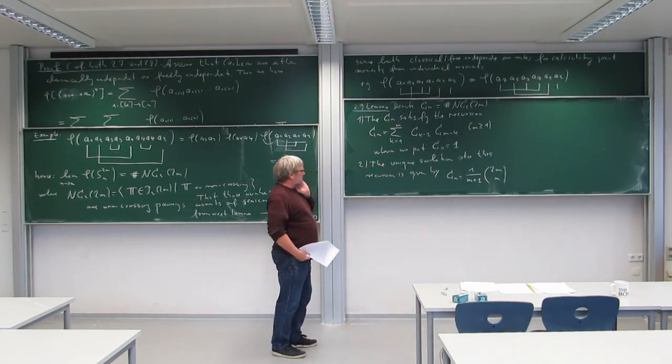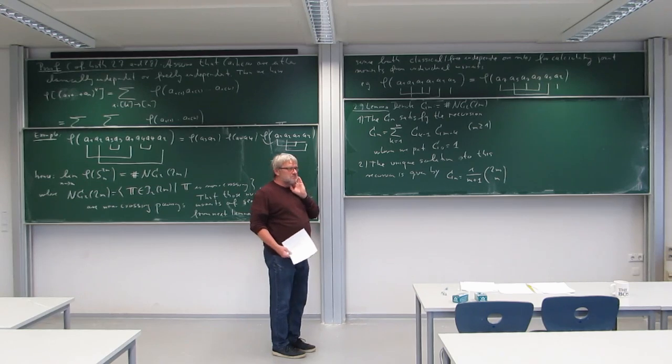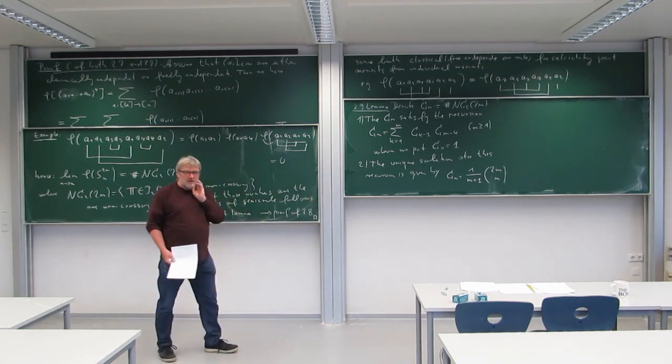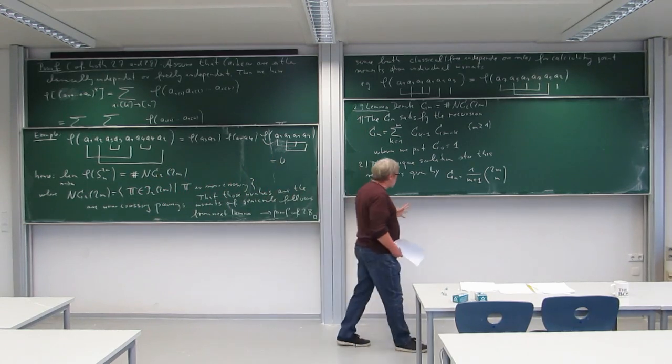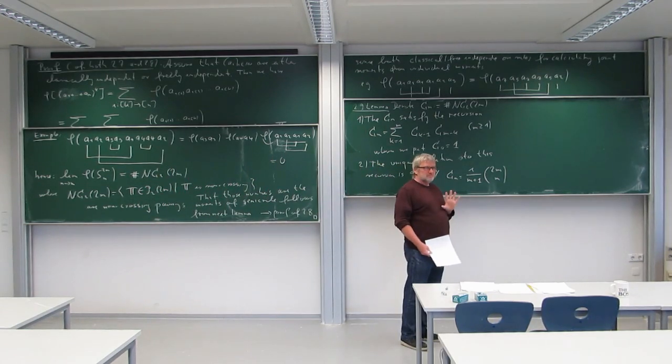And the numbers appearing here are very important numbers, showing up in many combinatorial contexts, counting many combinatorial objects, and they are called Catalan numbers.